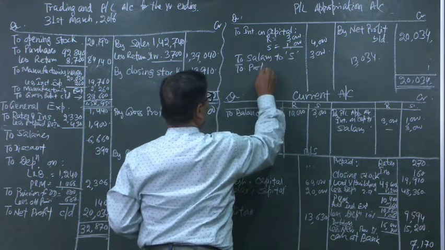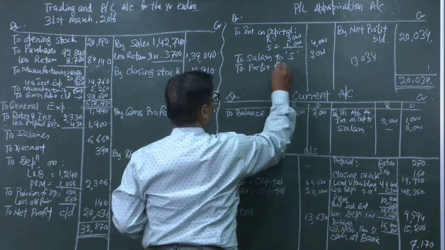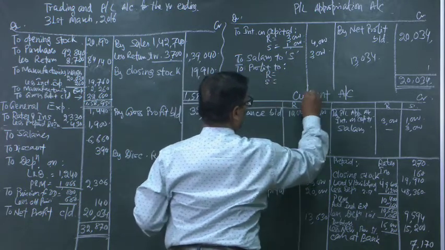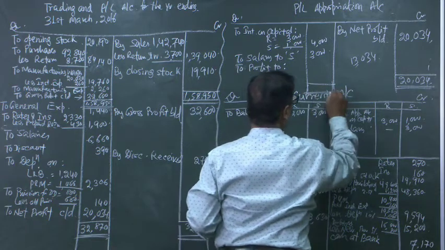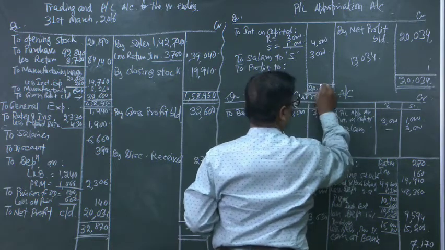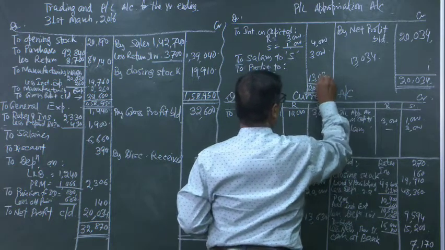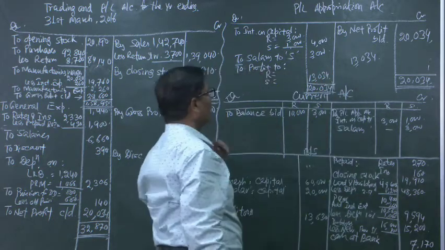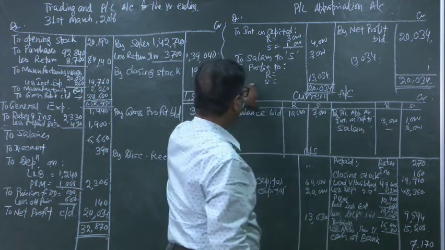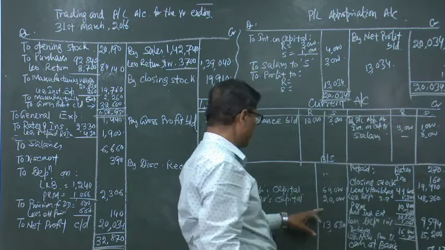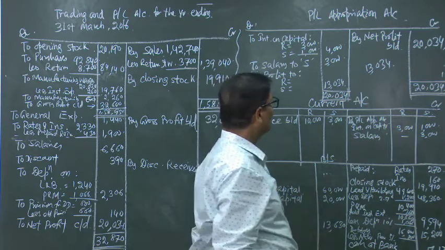to profit to R and S. In this way, the total will be 20,034, and this total will be 13,034. It will be divided by the two partners R and S in the ratio of 60,000 is to 20,000. This is their capital. 60 is to 20 or 3 is to 1.